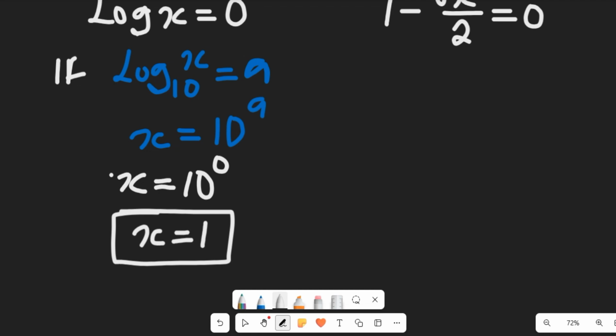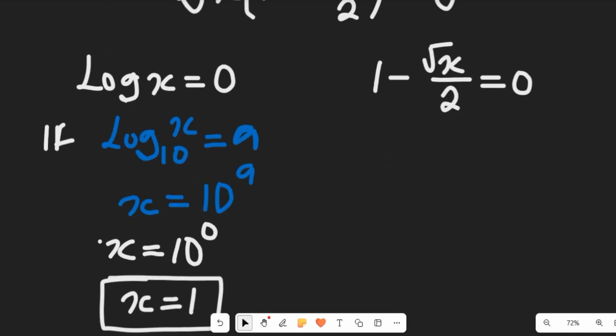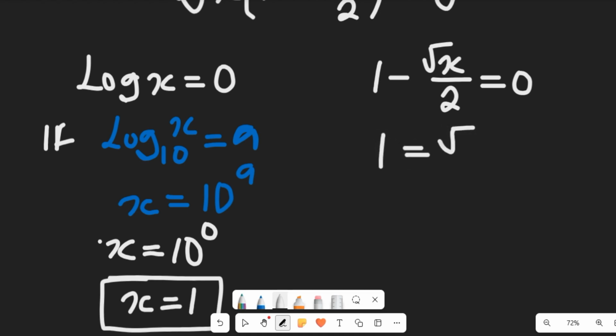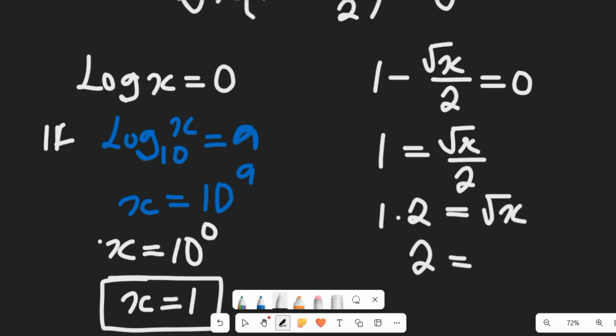Now, from the other side, you can see that I can simplify this. And if I simplify this, I'll have my 1 to be equal to the square root of x divided by 2. And if I cross multiply, I'm going to have 1 multiplying by 2 equal to the square root of x. Now, taking the square of both sides, I'll have 2 to be equal to square root of x.